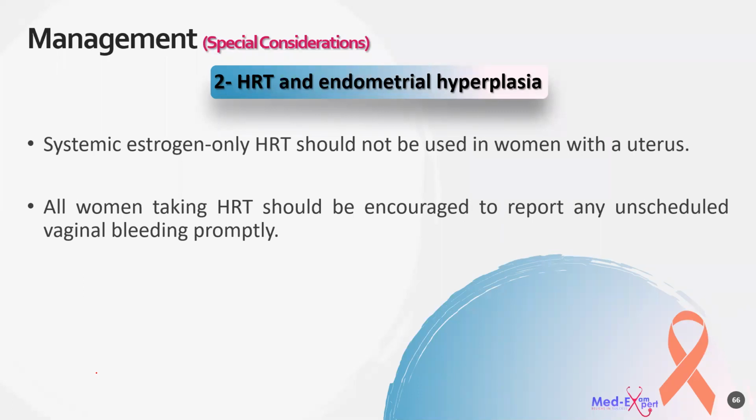Giving estrogen alone, unopposed by progestogen, will increase the risk of endometrial hyperplasia. And also, all women taking HRT should be encouraged to report any unscheduled vaginal bleeding promptly and immediately.